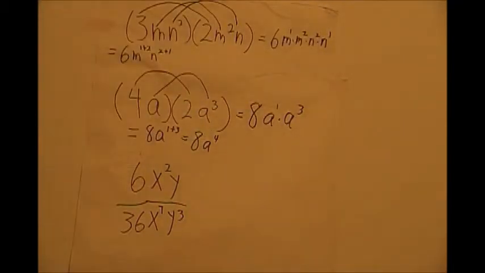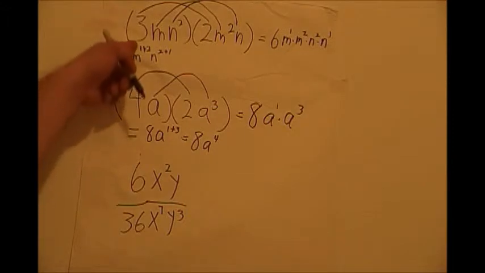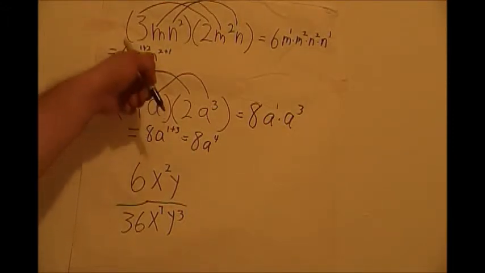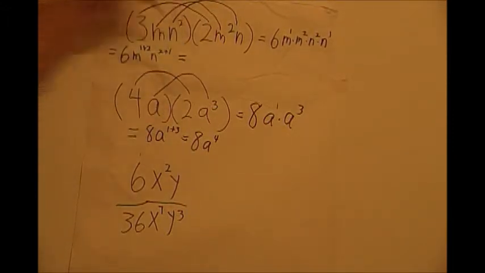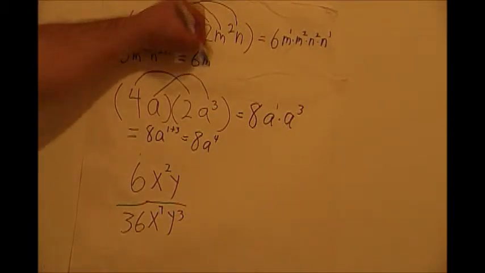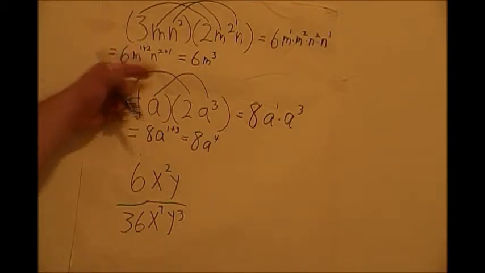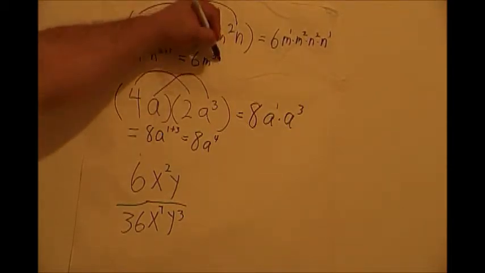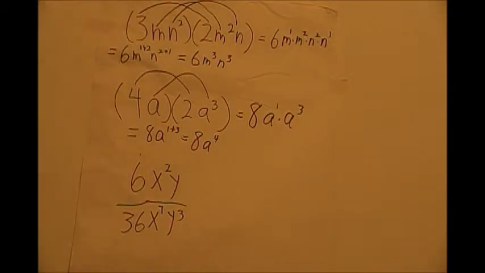Because n is n to the 1. So we have 6m to the 1 plus 2 power and n to the 2 plus 1 power. So that's going to be 6m to the 3rd power and n to the 3rd power, like so.